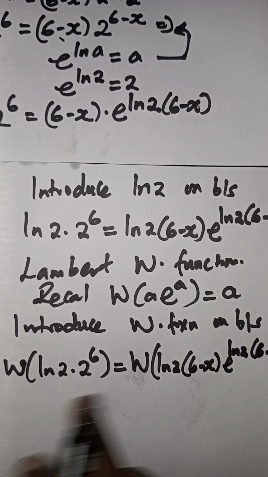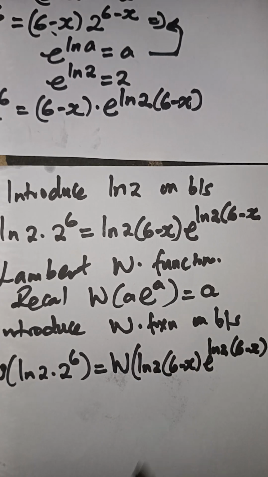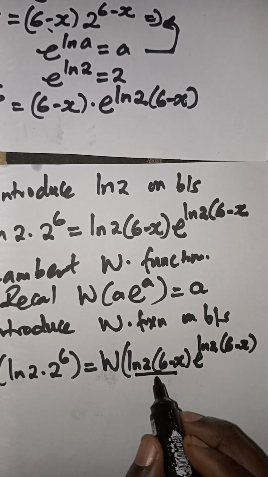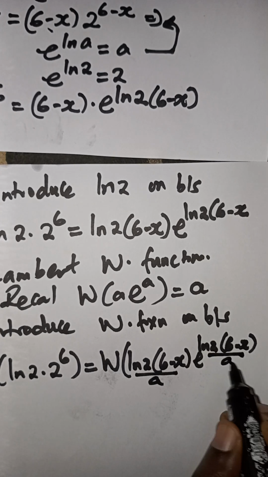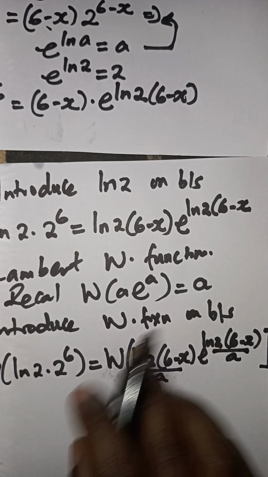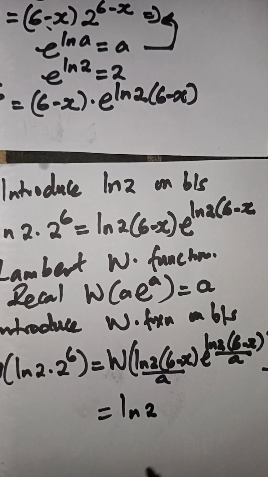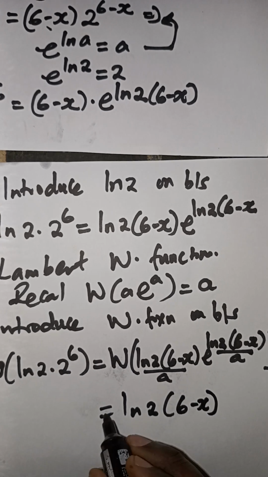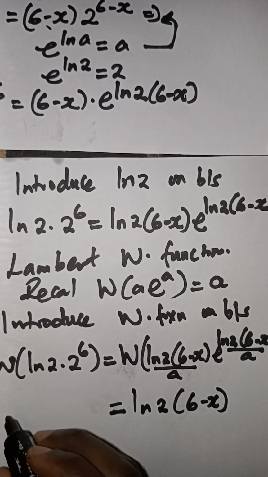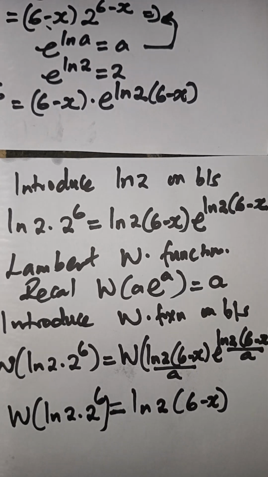I've just introduced the W on both sides, and recall that wherever you have the W of a times the exponential of a, then in our case on this right hand side, all of this represents a, which is the same as all of that, meaning that on my right hand side it's going to change to the natural log of 2 in bracket 6 minus x, and on my left hand side I still have the W of the natural log of 2 multiplied by 2 raised to power 6, like that.